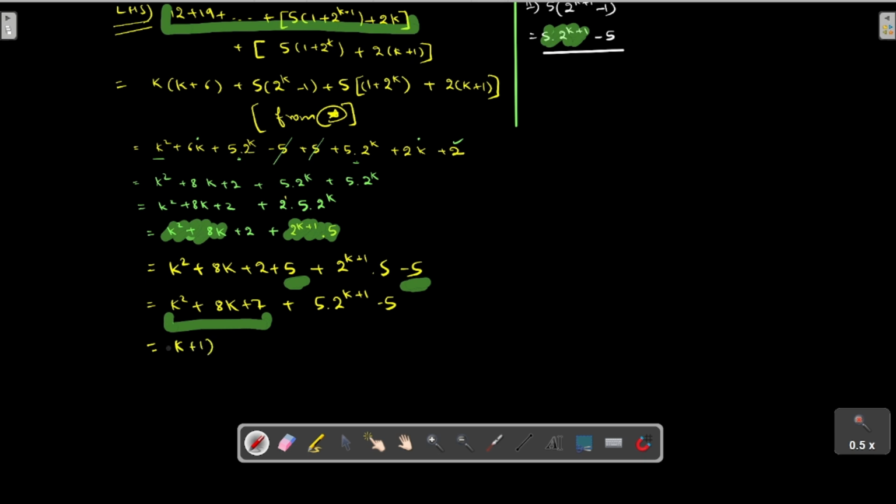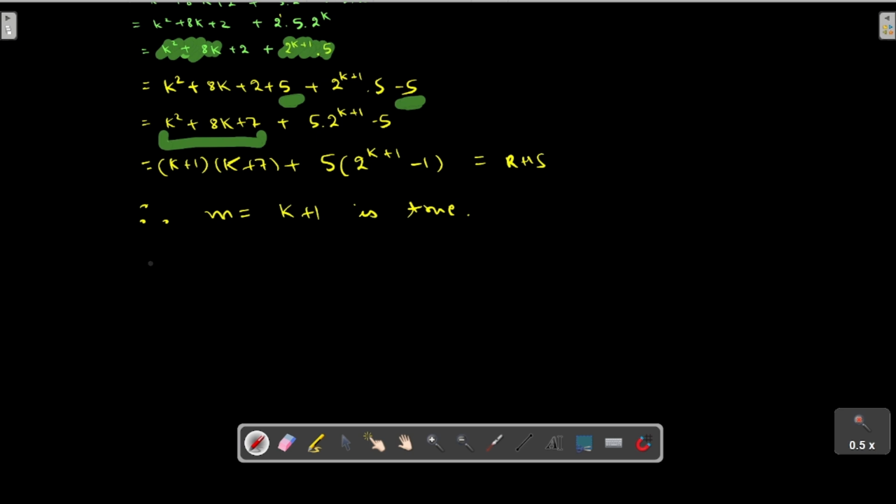So this is (k plus 1)(k plus 7) plus 5 times (2 to the power of k plus 1 minus 1), that is equal to your RHS. Therefore, m is equal to k plus 1 is true, and hence we can say the given statement is true for all natural numbers m.